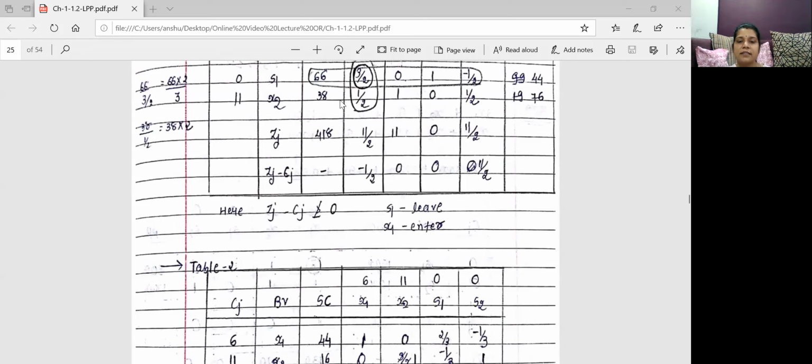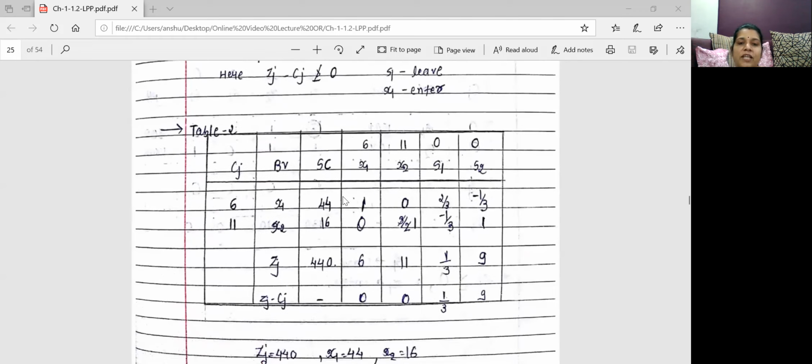Our next equation is what? Our key number is 3 by 2. Then on the left side, in place of 38, what do we write? 38 multiplied by 3 by 2 minus 66 multiplied by 1 by 2, divided by 3 by 2. Then we get the value 16.